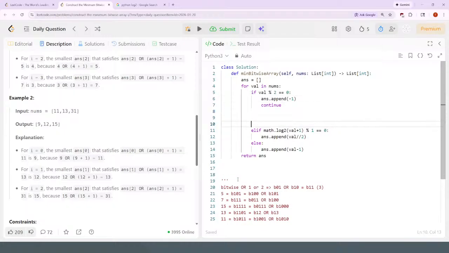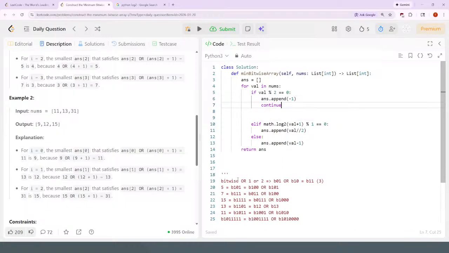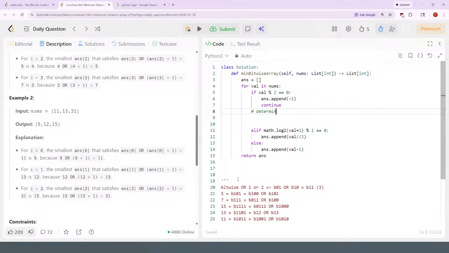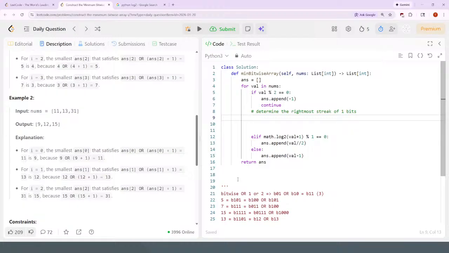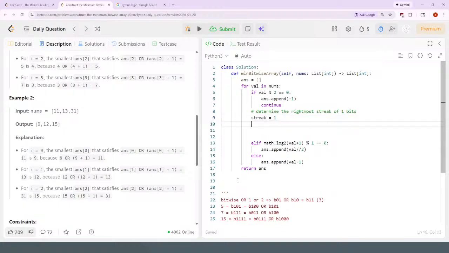How long is the streak of ones? So it's going to determine the leftmost or rightmost streak of 1 bits. Let's say streak starts with, I know the streak should be equal to 1 at the start because it's odd.